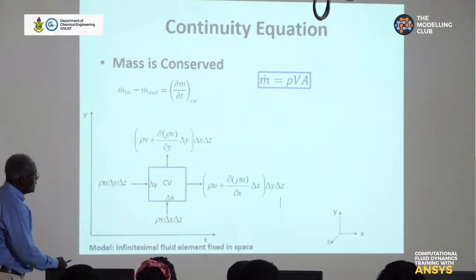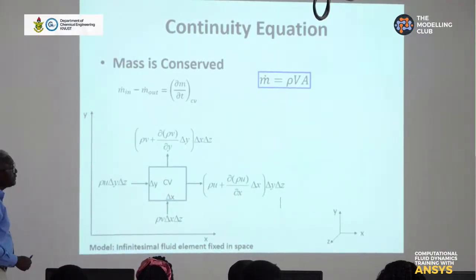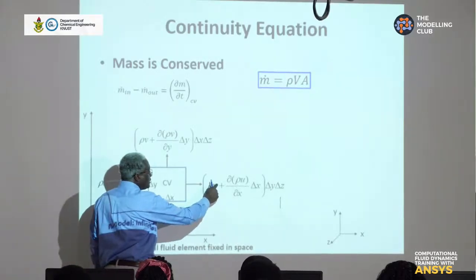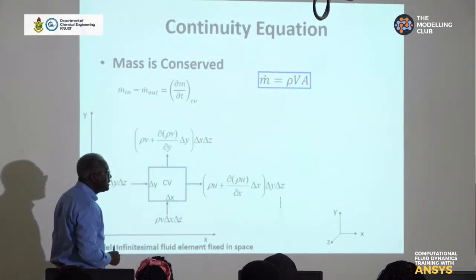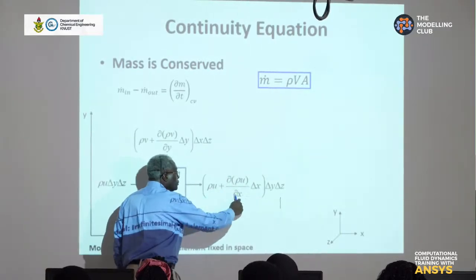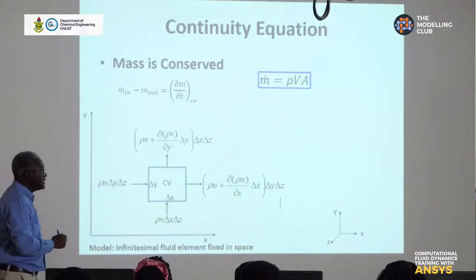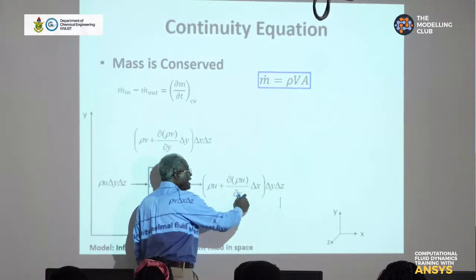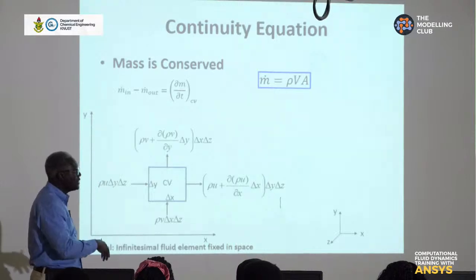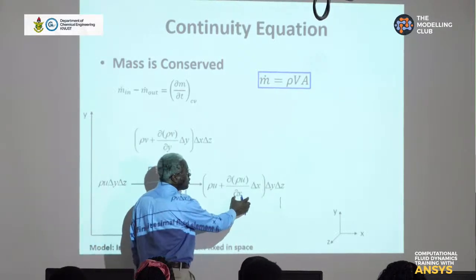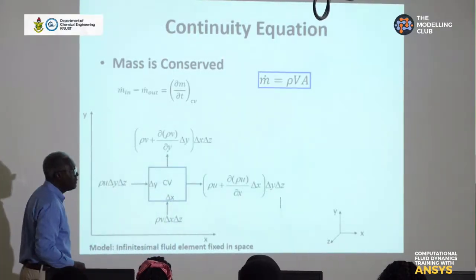Then out of the control volume would be the amount that entered, plus a differential amount due to whatever changes are occurring within the control volume. Normally, this differential amount is what we call a Taylor series expansion, and we are dropping higher order terms. So we are just using a first order approximation.